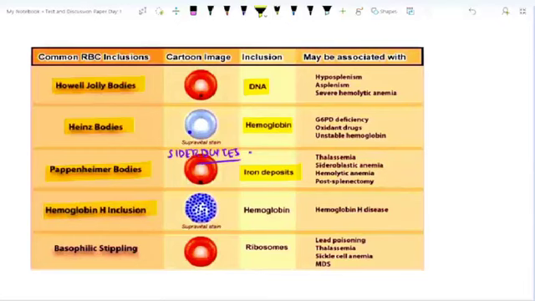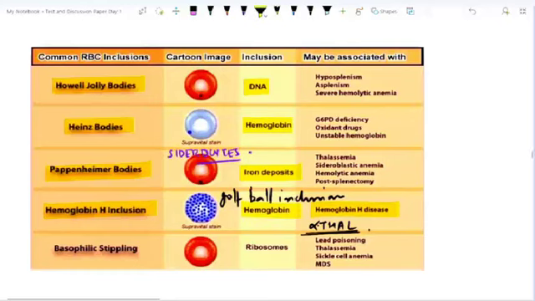Hemoglobin H inclusions are seen in hemoglobin H disease, which is nothing but alpha thal. These are beta 4 tetramers, and these inclusions are called golf ball inclusions. You can see the precipitates are all studded along the RBC. Since it's hemoglobin, again I need supravital stain to see it. Basophilic stippling are ribosomes.